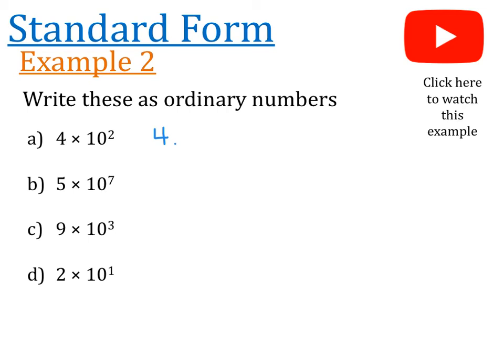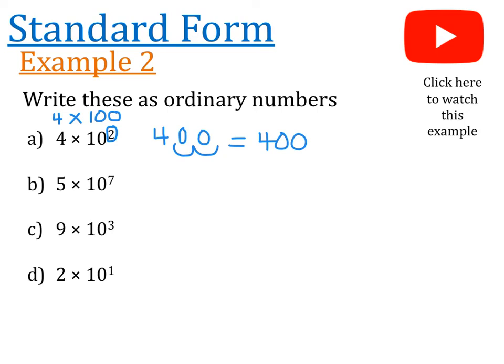And then what has to happen is the decimal is going to move 2 places because we've got 2 powers. So 1, 2. And we have to fill both of those circles in with zeros. So the answer is 400. Another way that you can think about this is 4 times 10 squared, which is 100. 4 times 100 is 400.